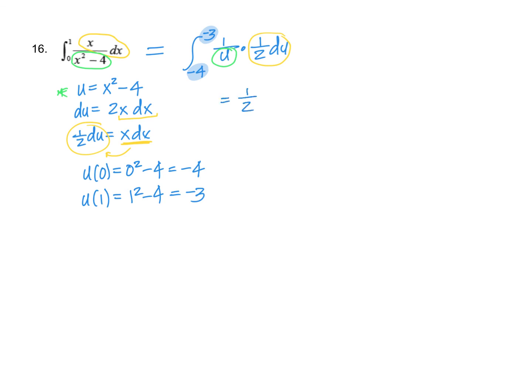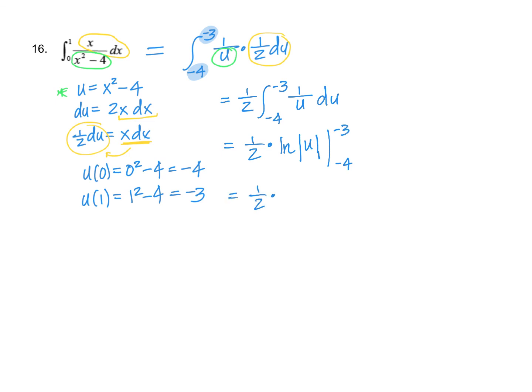So I have 1/2 times the integral of negative 4 to negative 3 of 1 over u du. The antiderivative of 1 over u is the natural log of the absolute value of u, evaluated from negative 4 to negative 3.